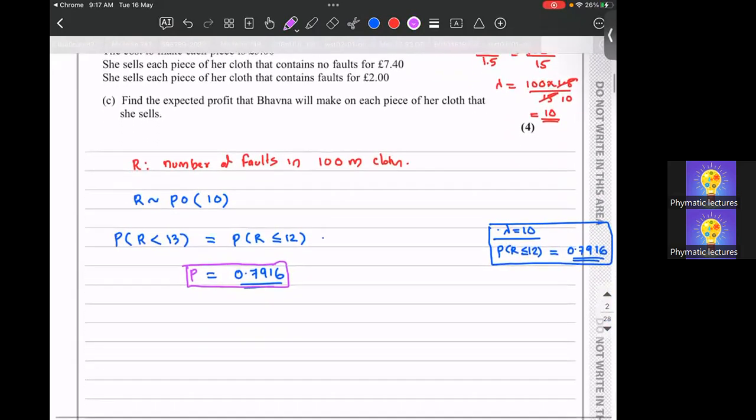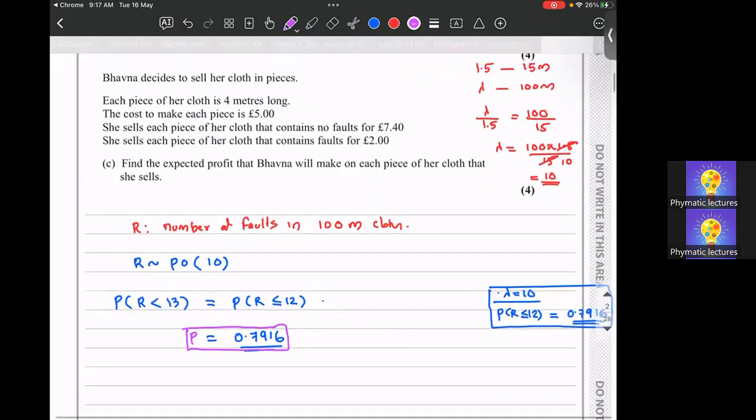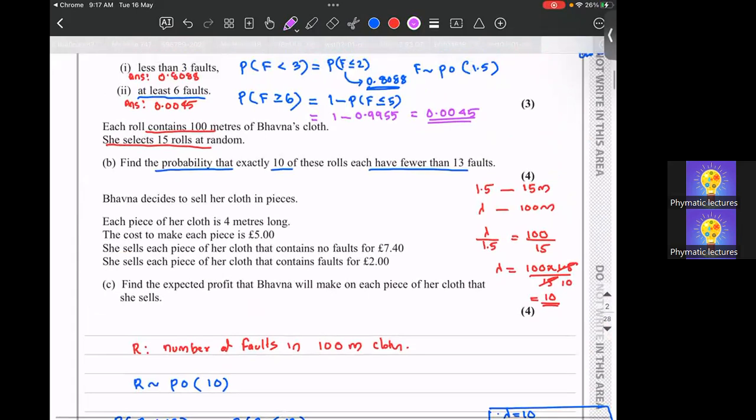That is 0.7916. Now, how many rolls are we selecting? We are selecting 15 rolls, correct? So out of 15 rolls, find the probability that exactly 10 of these rolls have fewer than 13 folds.